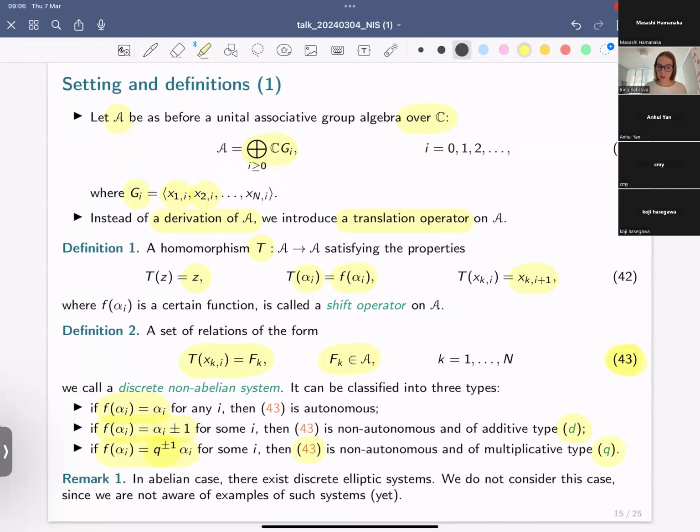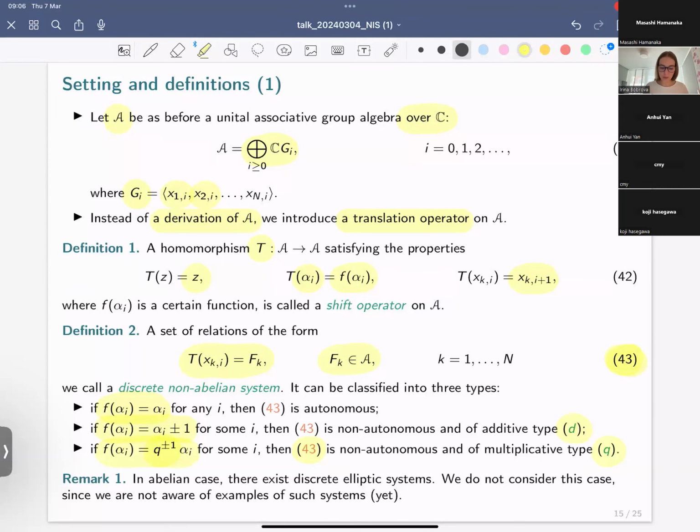In fact, in the commutative case we have discrete systems of elliptic type, but since we don't know any examples of such systems in the non-commutative case, we want to skip this type in the definition.